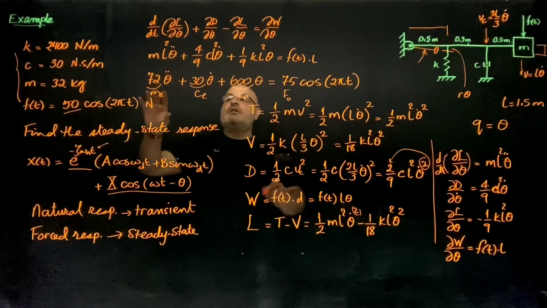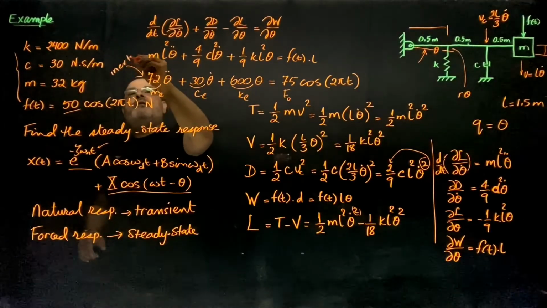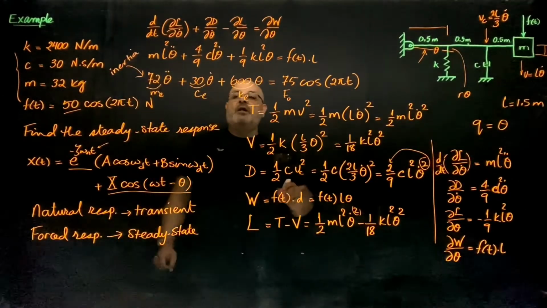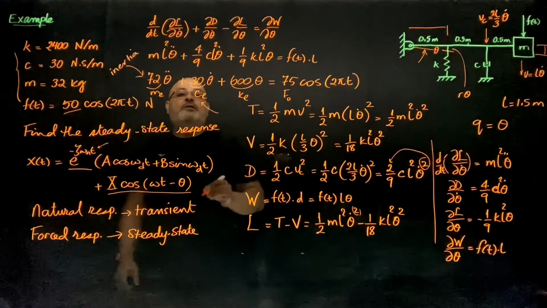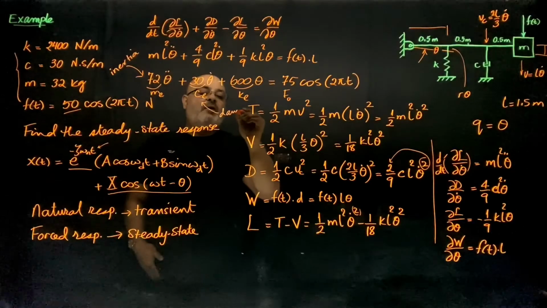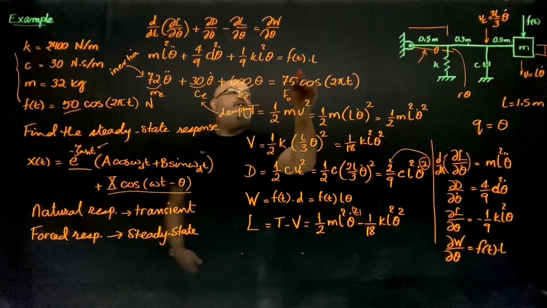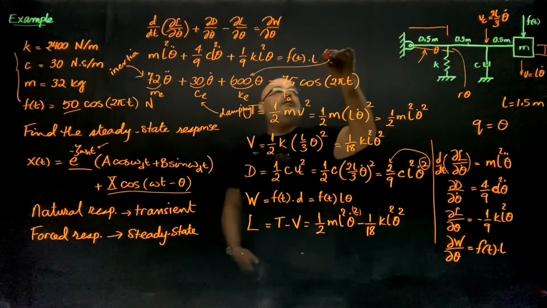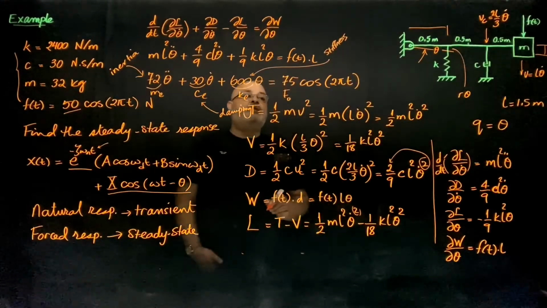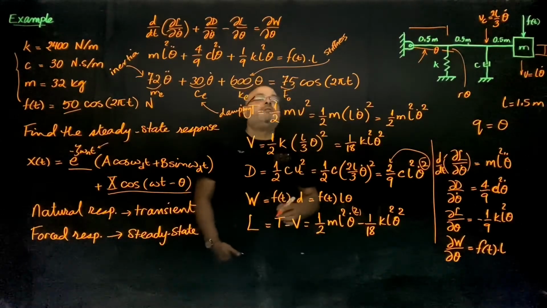The coefficient of the second derivative is the inertia term, and we can always refer to it as m. The coefficient of the first derivative is the damping term, and the coefficient of the variable itself is the stiffness term, and this is the forcing term.